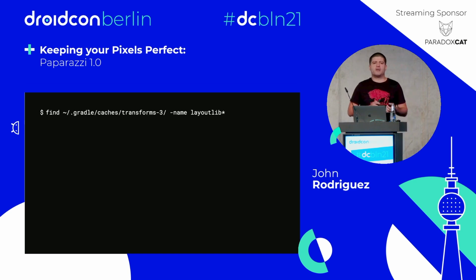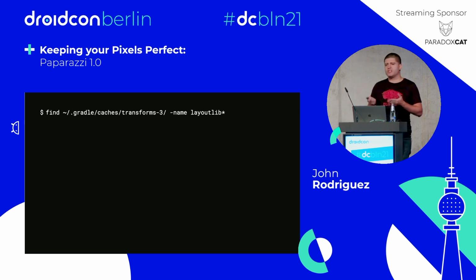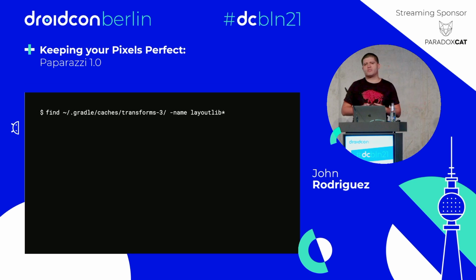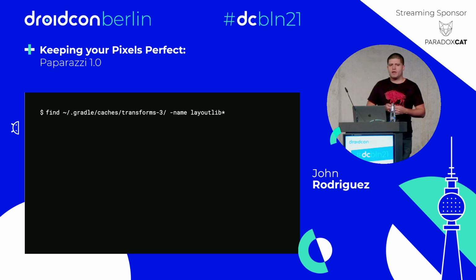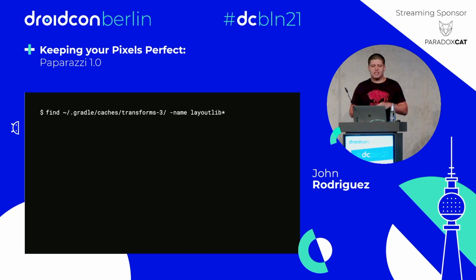If you've ever used Jetifier, an artifact transform is how Jetifier is implemented. It takes your support library binary, or your dependency, looks inside for the resources and the class files, and rewrites that into a new version of that dependency. It's similar to if you shadowed a jar. That output is a transformation of the dependency, and it doesn't live in the cache, it lives in the transform.